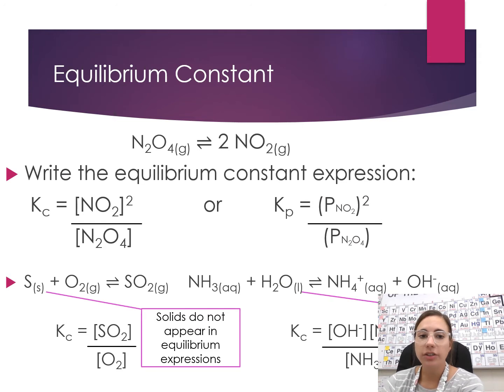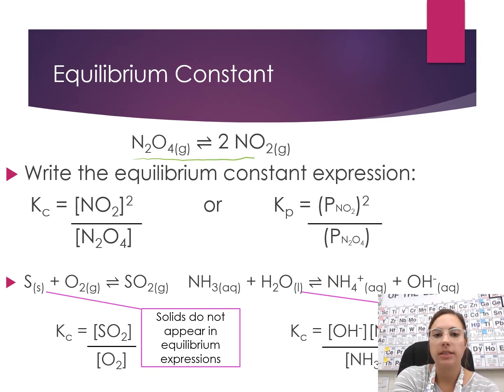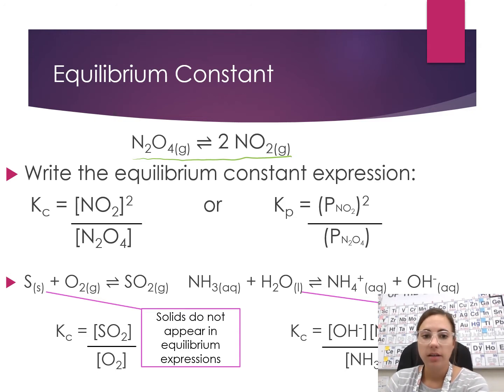Okay, so let's do an example. If I'm given this equation right here, dinitrogen tetroxide decomposes into two nitrogen dioxides. If I wrote the equilibrium constant expression in terms of Kc, in terms of concentration, then I use brackets and put product raised to its coefficient over reactant raised to its coefficient, which is 1, so I just don't have anything there.